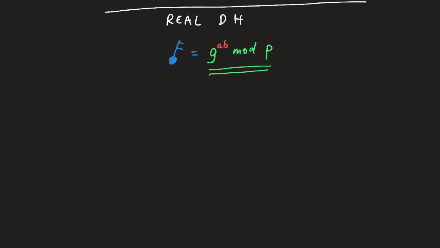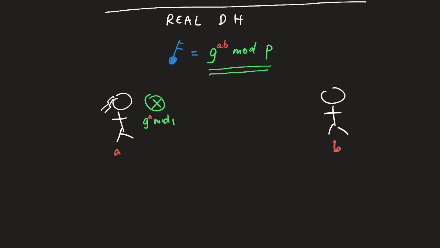So let's just replay that whole scenario again. So here there's Alice, there's Bob, she's got A, he's got B, and so to calculate the big X, she's going to do G to the power of A mod P, and then she's going to send it over.